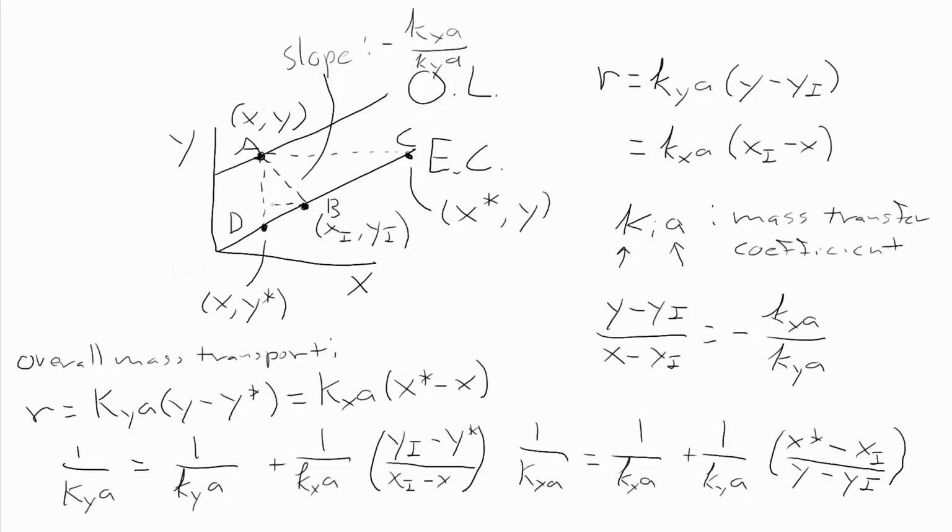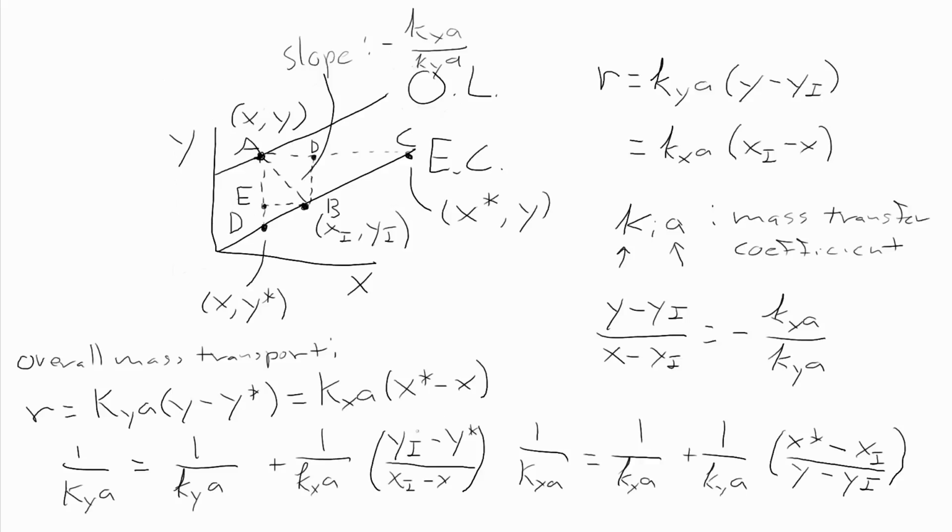Let's draw a straight line going out here and a straight line going up here. So this point gets called point E, and this point gets called point D.